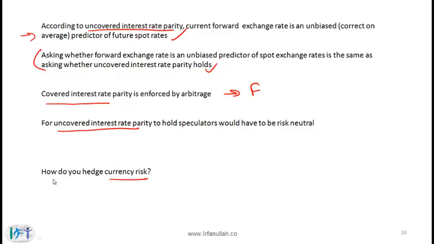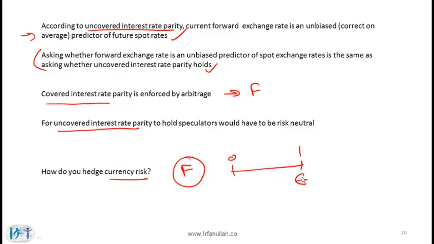And finally, the concept of hedging currency risk. If you are a US investor and you invest in, say, the Eurozone, to hedge your currency risk, you need to have a forward contract. So with a forward contract, you lock in the exchange rate. So if you are making a 1-year investment sitting in the US, you are investing in a euro-based investment.